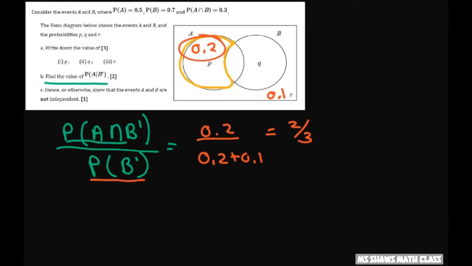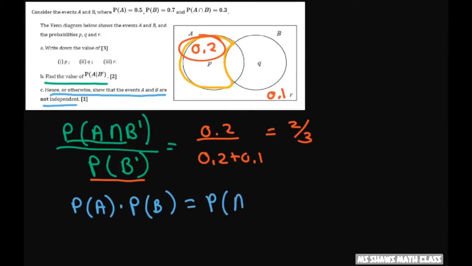Now it states, hence or otherwise, show that the events A and B are not independent. For them to be independent, probability of A times probability of B has to equal probability of A intersects with B. So probability of A is 0.5. Probability of B is 0.7.